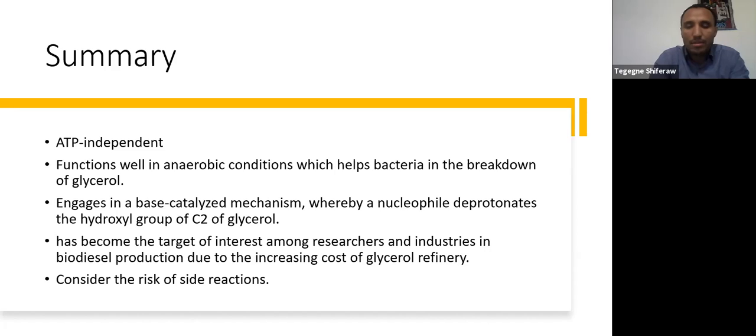Because of its role in the breakdown of glycerol, biodiesel production companies are showing interest in this enzyme, because glycerol refinery is getting expensive day by day, and glycerol is one of the byproducts of biodiesel production. So in the future, we might see a lot of research conducted on this enzyme, and industries might start using it.